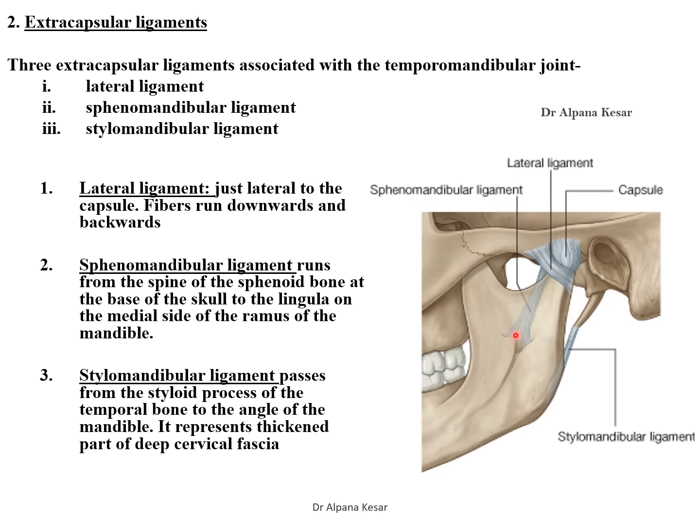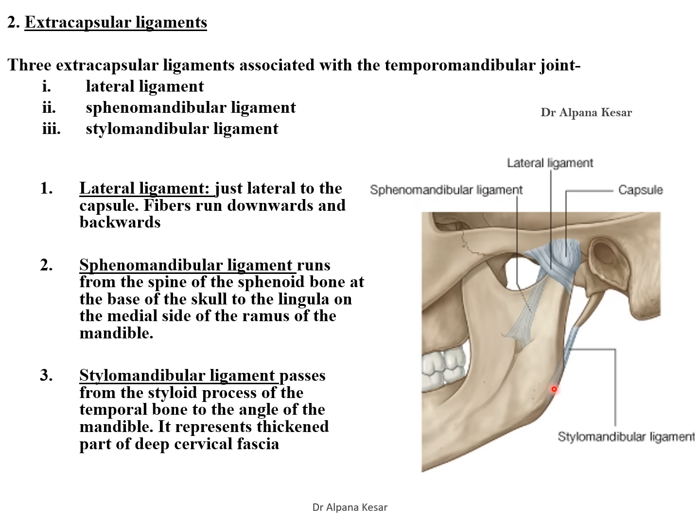Sphenomandibular ligament. It is attached above to the spine of sphenoid, and below it is attached to the lingula of the mandible. The third ligament is stylomandibular ligament. It is attached above to the styloid process and below it is attached to the angle of the mandible.